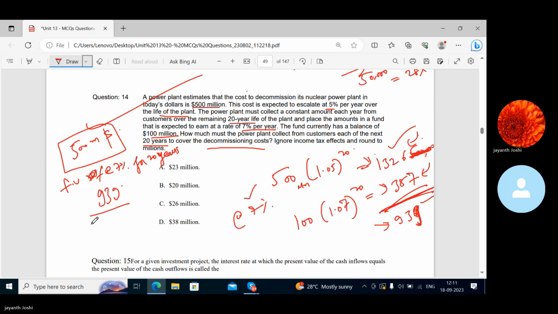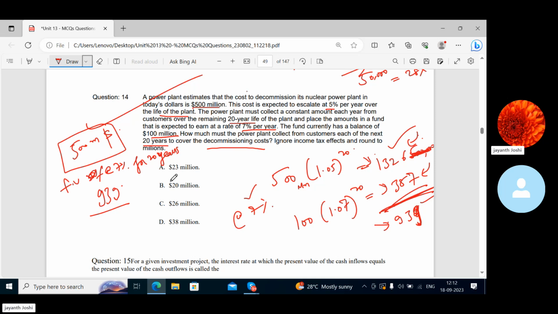In the table we have only present value. Future value of annuity is also there, right? Shall we calculate with the formula then? Yes, sir. So just put the future value of annuity formula.